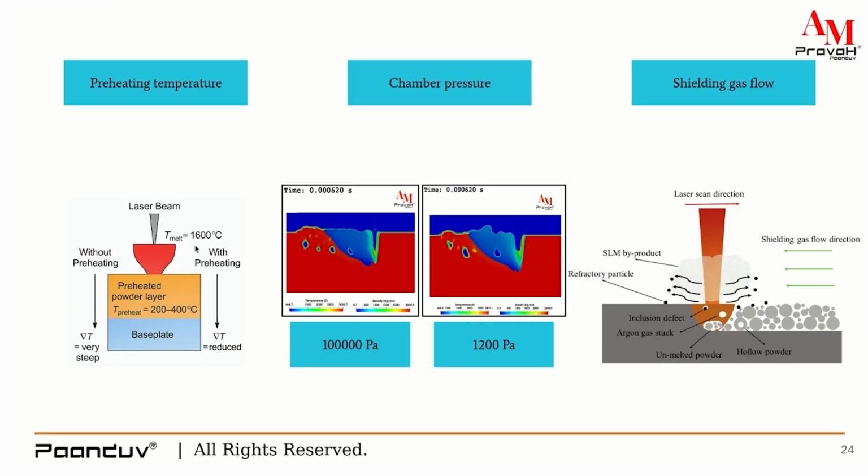People have been optimizing these scanning strategies from a very long time. They are using unidirectional tracks, bidirectional tracks, island strategies, and several other zigzag patterns at different angles to optimize the scanning strategy to mitigate the defects such as porosity and controlling the microstructure of these systems.